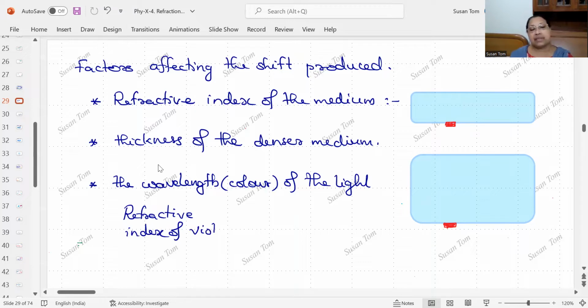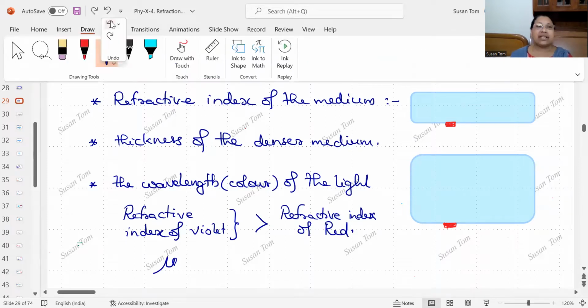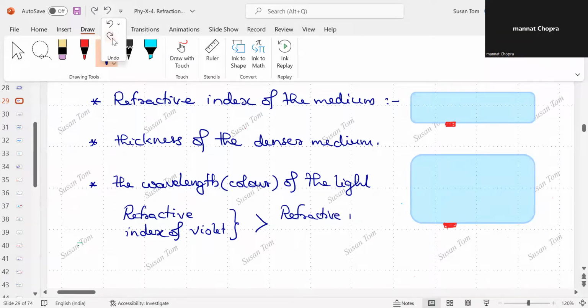The refractive index of violet color is more than the refractive index of the red color within a medium. So we can write mu V. Refractive index topic, we did this, children, the factors affecting refractive index. Do you remember? So that is what you are applying here.